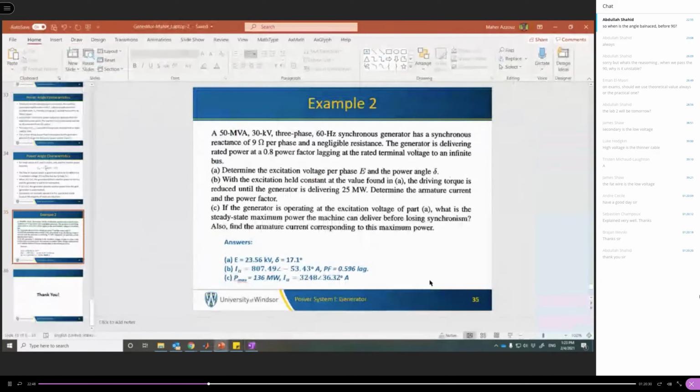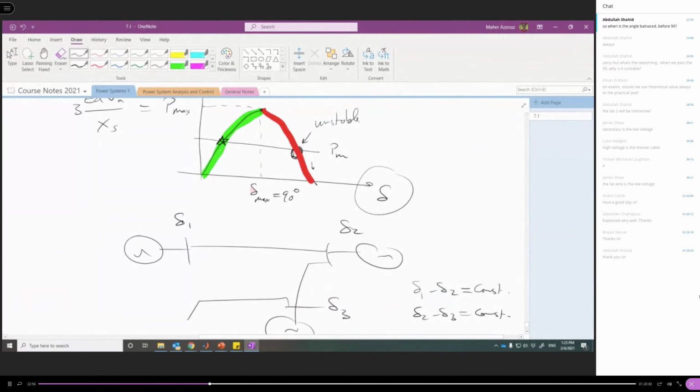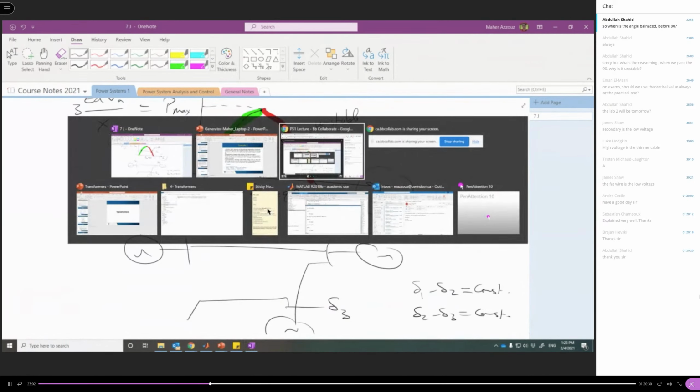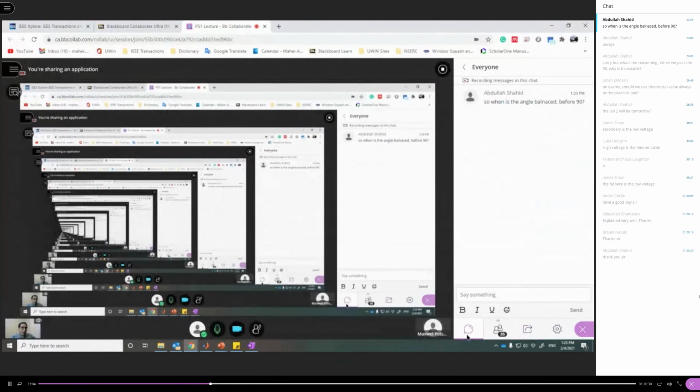So if we go back to the example here, the question is about the maximum power the machine can deliver before losing synchronism. We know that the maximum power happens when delta is equal to 90 degrees. So always the angle should be lower than 90 degrees.